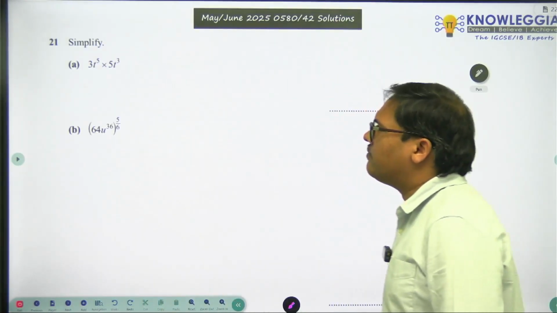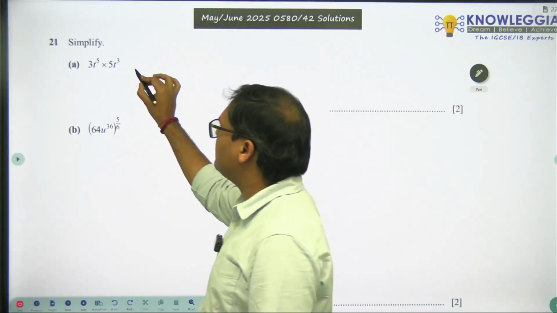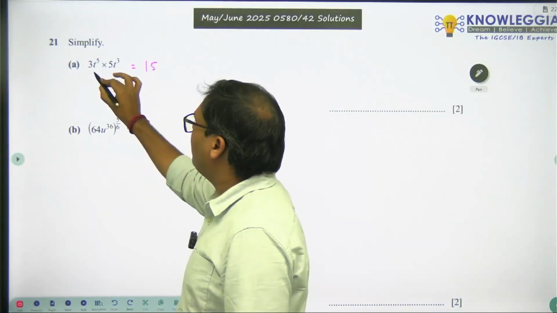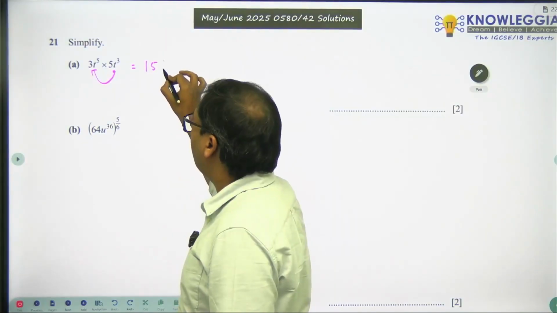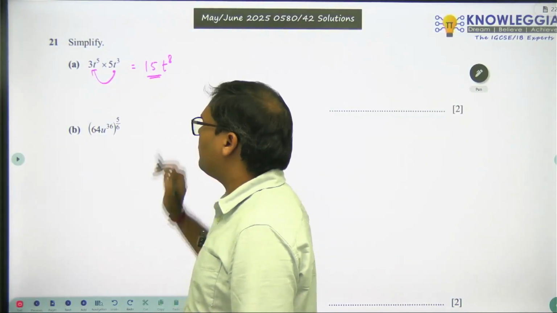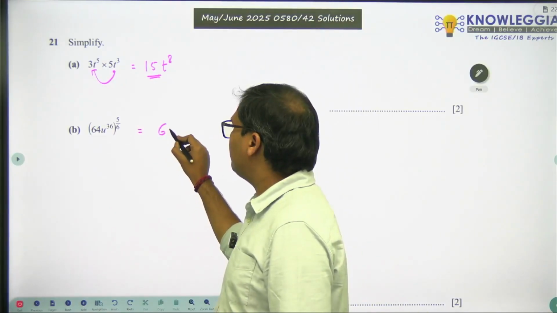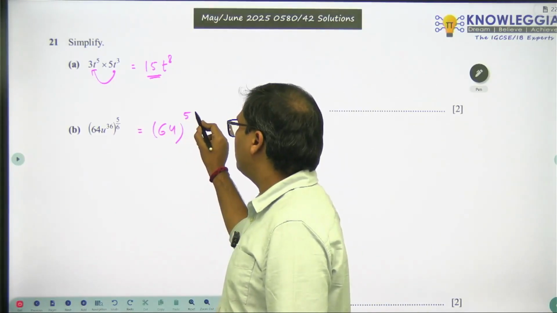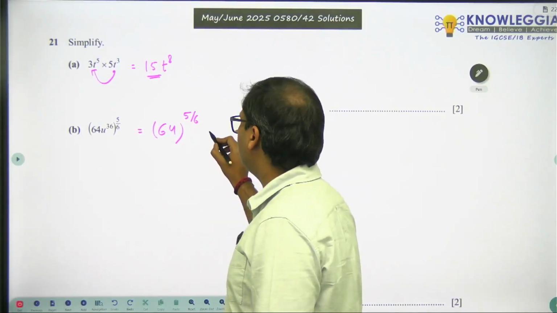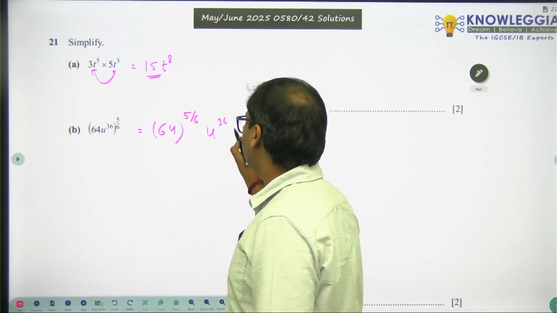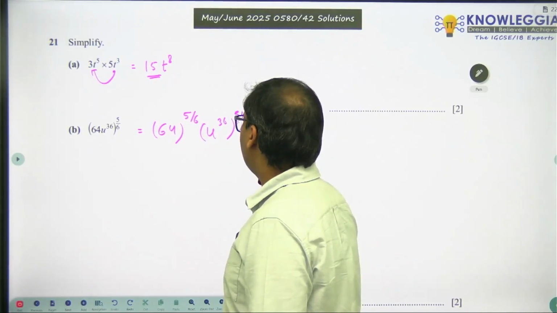Now the next part is to simplify this. This one is easy. The powers on this t will add, using exponent properties. Now you can say 64 raised to 5 by 6, and u raised to 36 raised to 5 by 6.